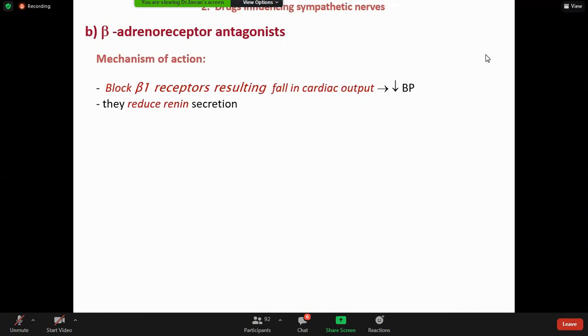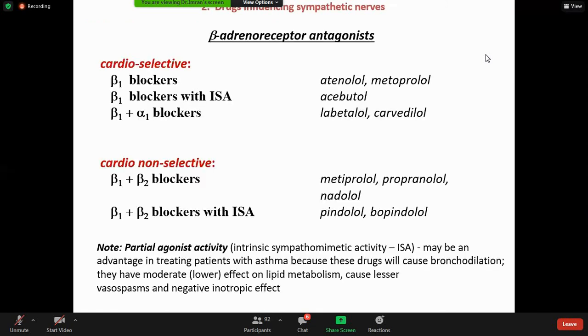So this is how we increase the blood volume, and increased blood volume increases the blood pressure. Now, just like alpha receptors, we have selective beta 1 receptor antagonists as well as non-selective ones. When we say cardioselective, more specifically the beta 1 blockers should come to mind.